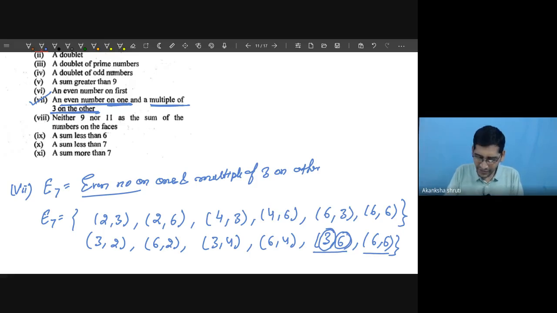And if you are taking the even number on the second one, then on the first one it should be multiple of 3. It is being satisfied here. Even if you are taking this one, 3, 6, second one is even number and first one is multiple of 3. 6 and 2, it is okay. 3 and 4, student, 3 is multiple of 3 or not? First you just tell me that.